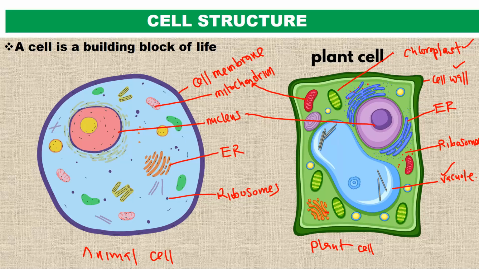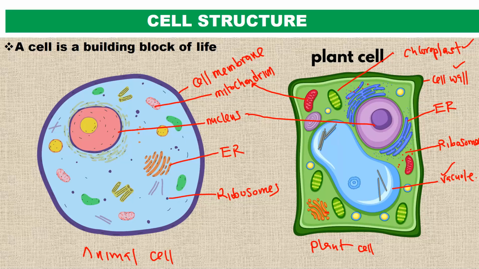What you need to know from here are the parts they have in common, the plant and the animal cell, and the differences. Of course, the plant cell has more parts compared to the animal cell. The extra parts that the animal cell does not have are the chloroplast, the vacuole, and the cell wall. As we look at the questions, these parts are very important in differentiating the two cells.